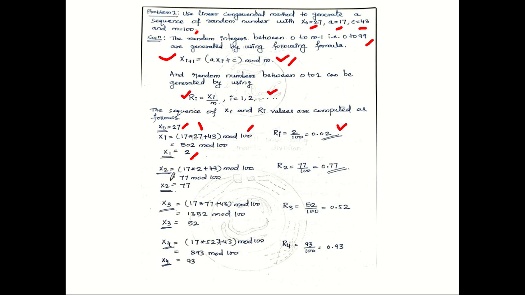The x2 random integer is calculated using x1, that is 17 into 2 plus 43 mod 100.